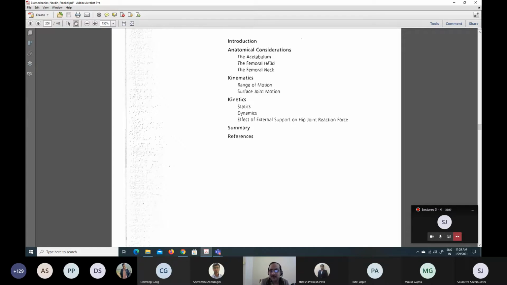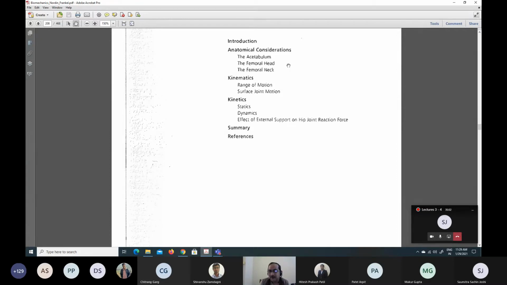I had already discussed it earlier in the general lecture: it is a hemispherical socket located within the pelvic bone. The femur head rotates inside this acetabulum, this hemispherical socket, and forms the hip joint.